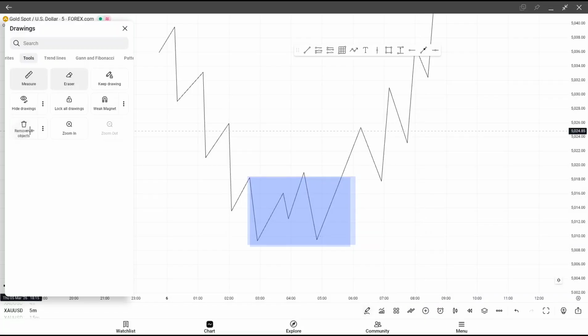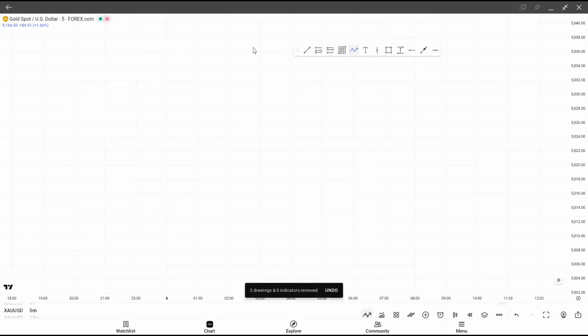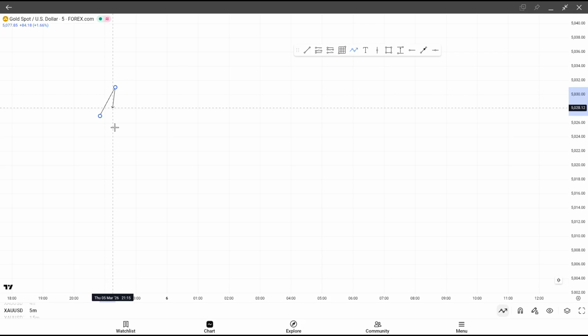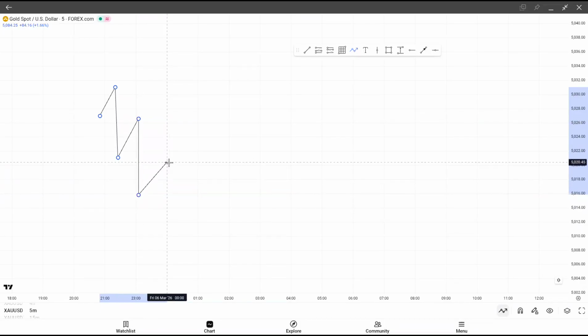So what is the market structure shift, and how do we define it? As I said, it is an indication that the market is about to reverse and go to the opposite direction. I will give an example again. This is the higher high, higher low, higher high, higher low, higher high, or lower low, I don't know, lower low.